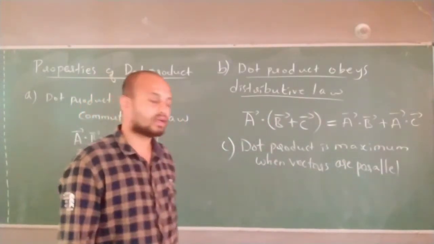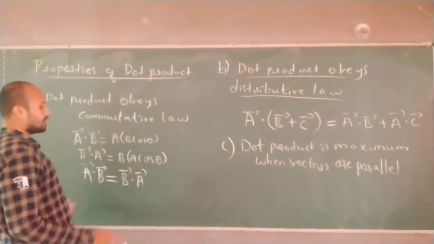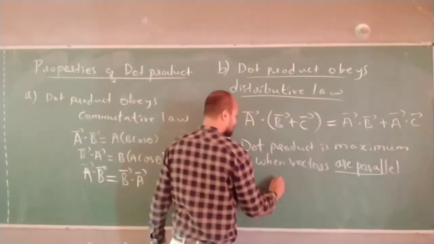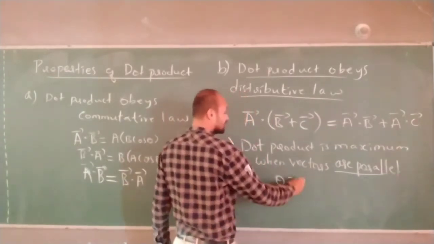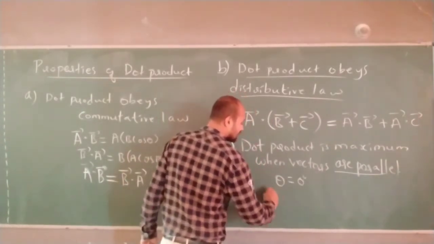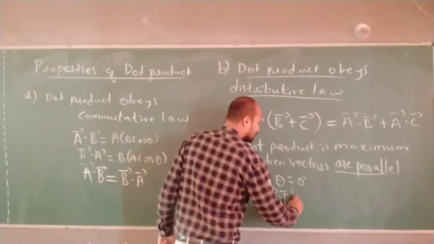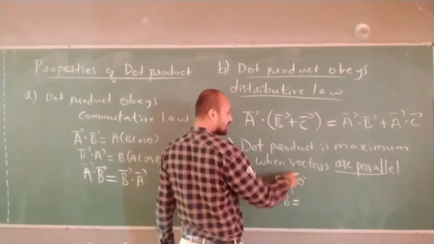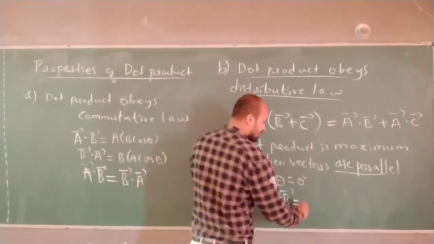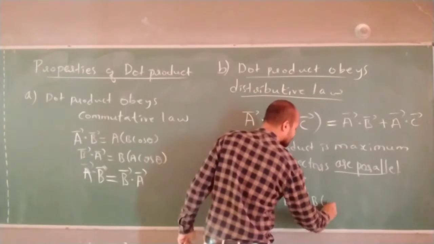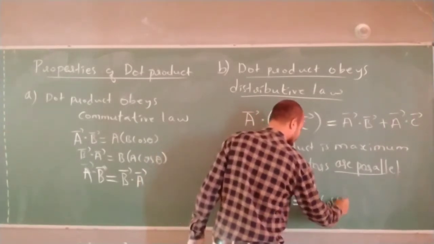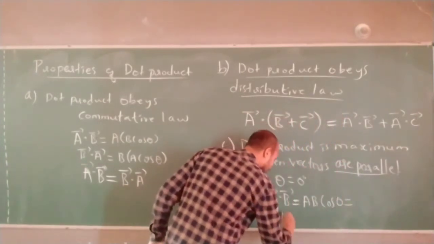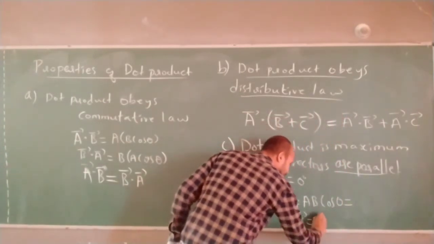When vectors are parallel, the angle between them is theta equal to 0 degrees. Then A dot B will be AB cos 0, which is just A into B.